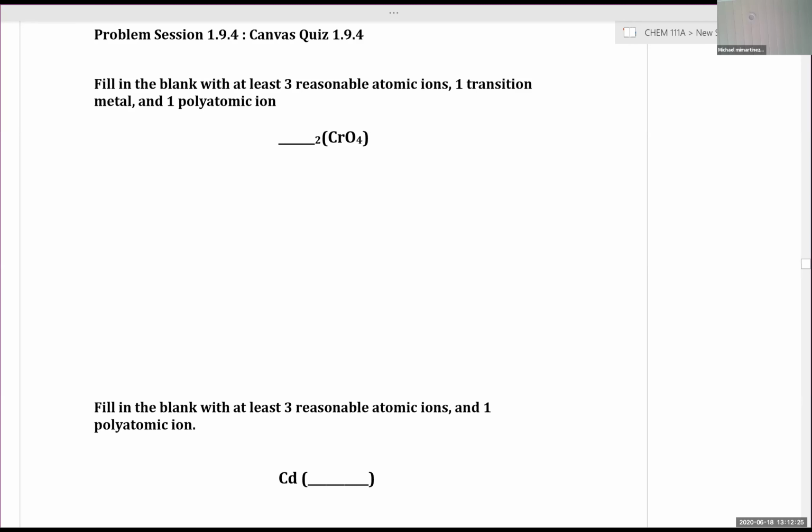Let's try to get a few responses in the chat, or at least a few questions in the chat, and we'll discuss in about 5 to 6 minutes.